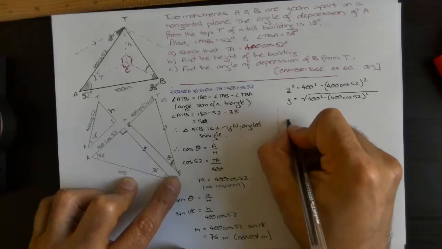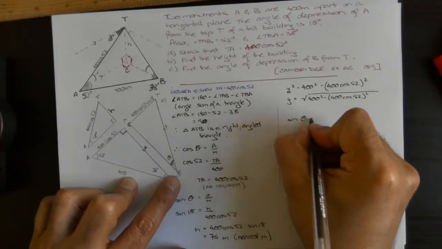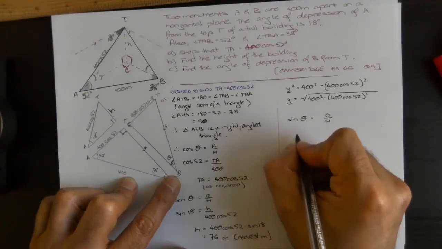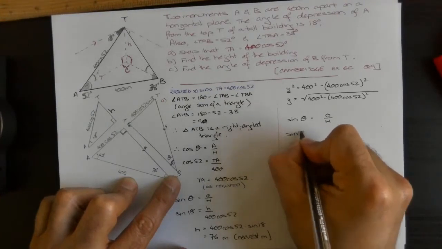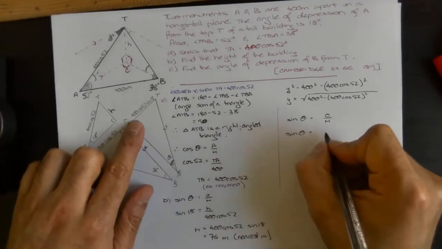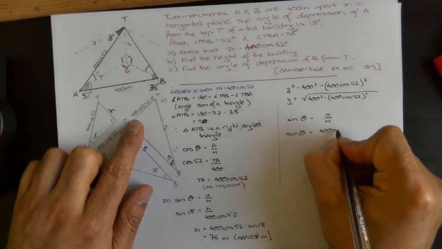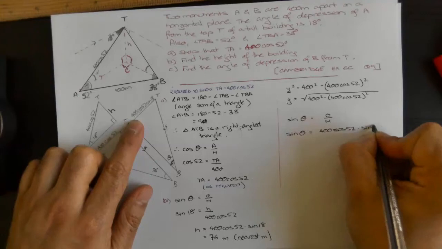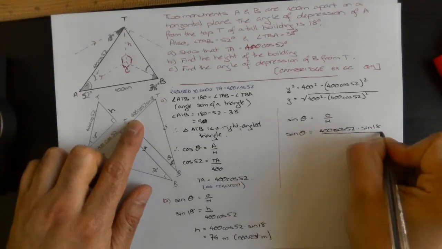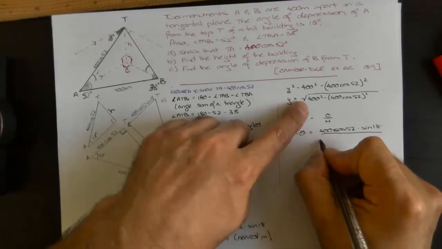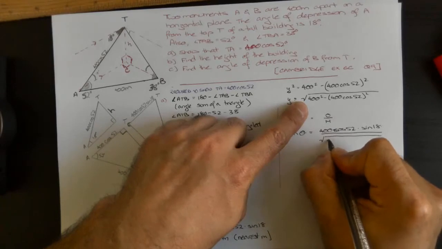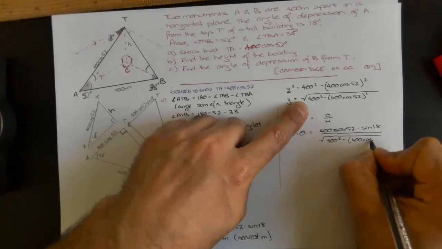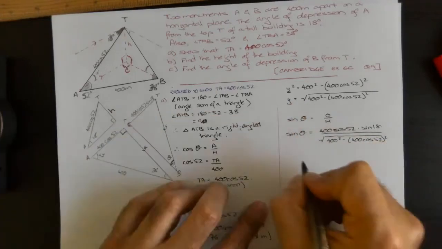So sine of theta is O over H. Sine theta has to equal the opposite, which is 400 cos 52 times sine 18, all over y, which is the square root of 400 squared minus 400 cos 52 all squared.